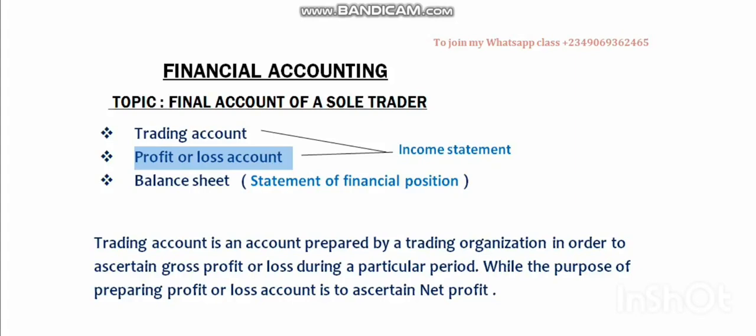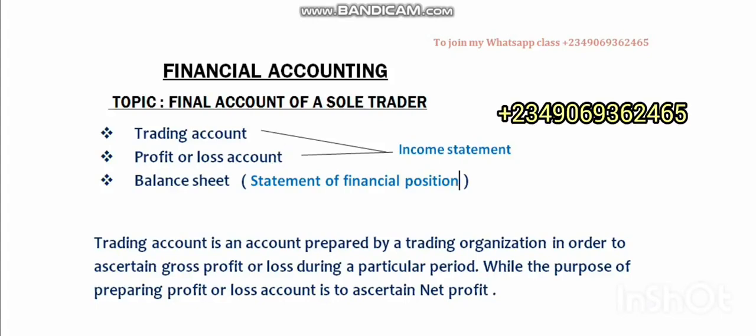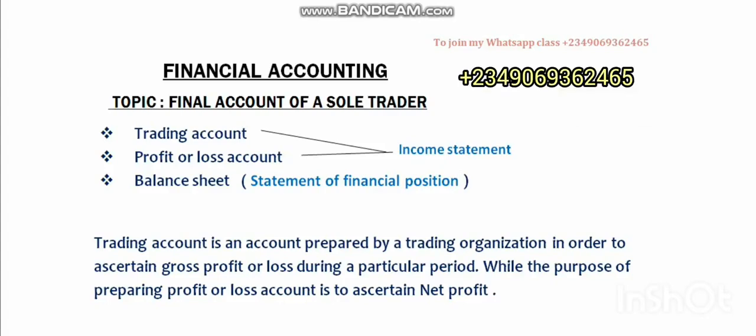Then we look at the balance sheet, which is called the statement of financial position. As usual, the balance sheet is prepared in order to ascertain the financial position of the entity. You prepare it to know the financial capacity, the financial status of the business.